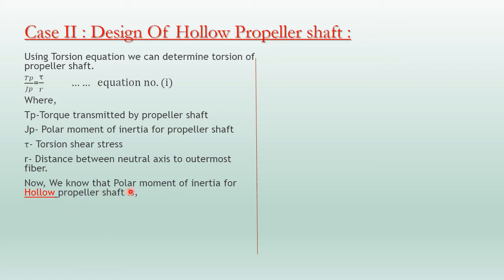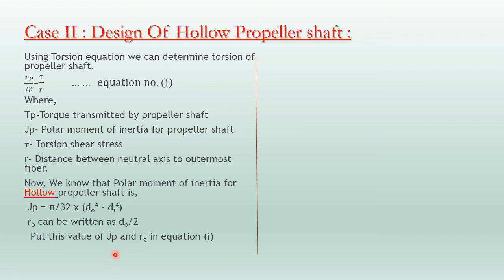Now we know that the polar moment of inertia for hollow propeller shaft, Jp equal to pi by 32 into Do raised to 4 minus Di raised to 4. These are the outer diameter and the inside diameter, Do and Di. So outer radius can be written as half of outer diameter, that is Do by 2.